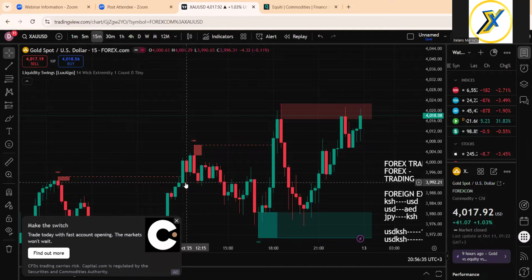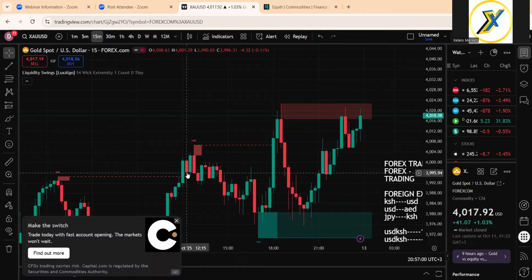The next candle opens at the same point, probably goes down, then goes up, taps another area, but closes here. Then it opens here, because now the red one is showing a sell. So it probably tried to go up, then went down and closed here.